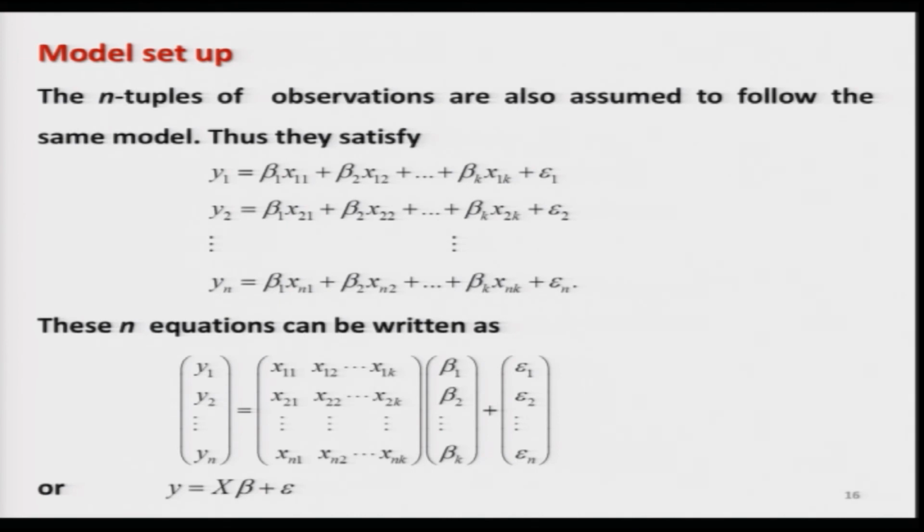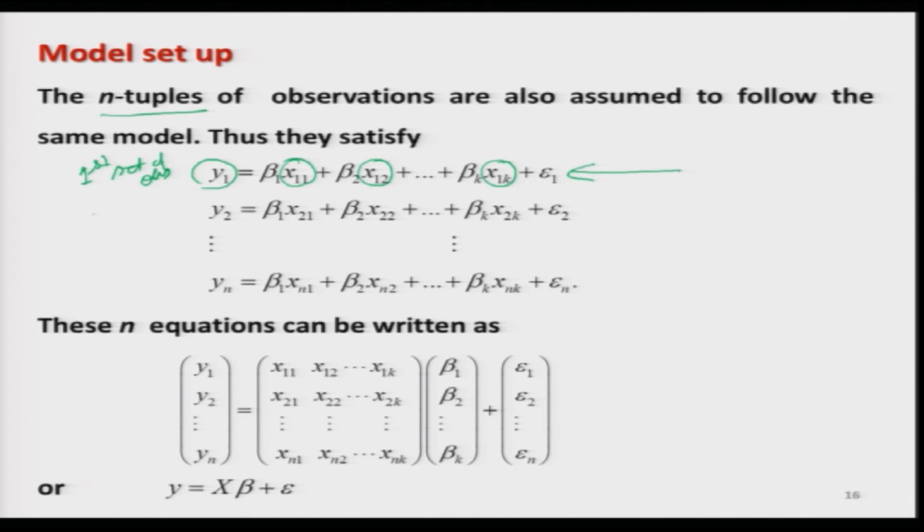Now we assume that the observations, which are in the form of n tuples, are going to satisfy the same linear model. So, for the first set of observations we have the multiple linear regression model, in which the value of y is y1, the value of x1 is x11, the value of x2 is x12, and the value of xk is x1k, and they satisfy the same linear regression model.